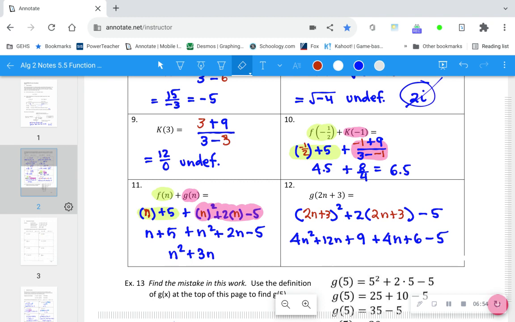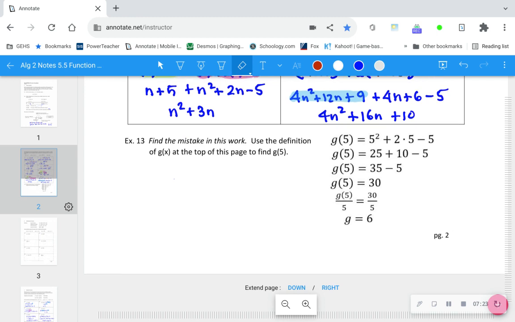Well, expression crunching, I guess you'd say. If you take 2n plus 3 times 2n plus 3, that's going to give you this part right here. And then the rest of it, I think, is a little easier to see. And once you're done with that, you get your like terms together, and it looks like, yeah, that's right. It looks like that. Okay, for a second there, I was kind of doubting my own work there.